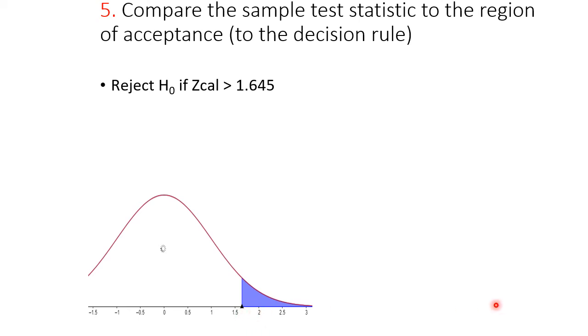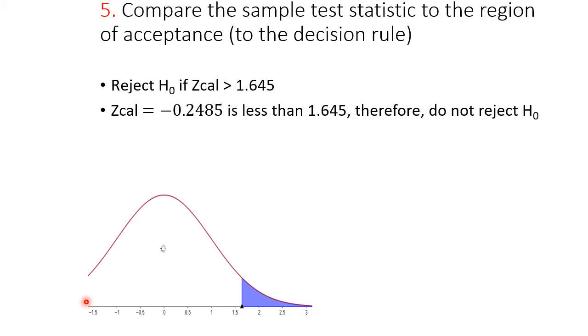But we have found out that ours is less than that because it's a negative, it's this side, which means it's in the do not reject area. So what are we saying? We are saying that our Z calculated, minus 0.2485, is less than 1.645. Therefore, do not reject H0.